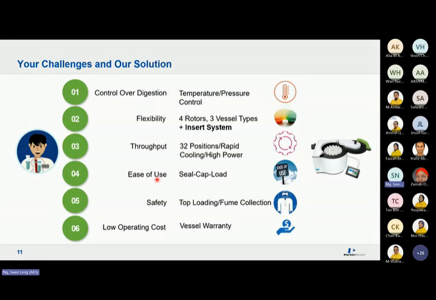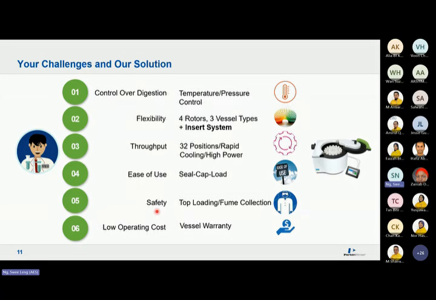You don't want very complex equipment with many steps. You want just A, B, C, 3 steps only. And when you use it, you want to be safe for yourself and also safe for the environment. Any microwave actually comes with a scrubber, because before you release the acid fume to the environment, the scrubber neutralizes the acid fume.